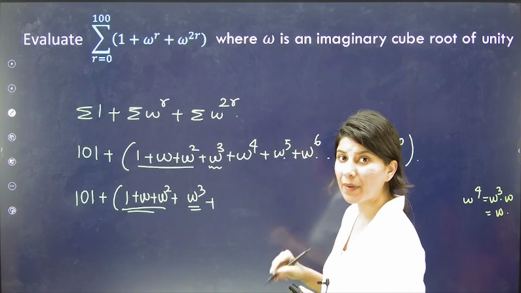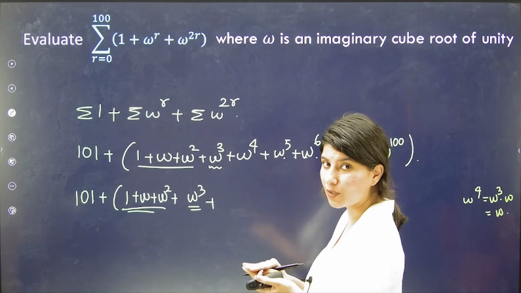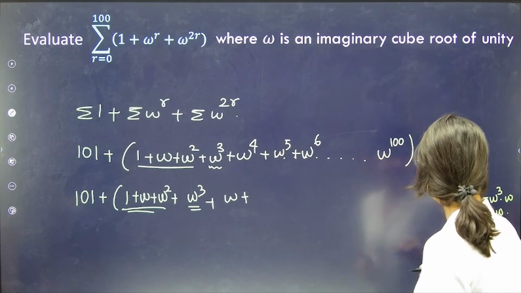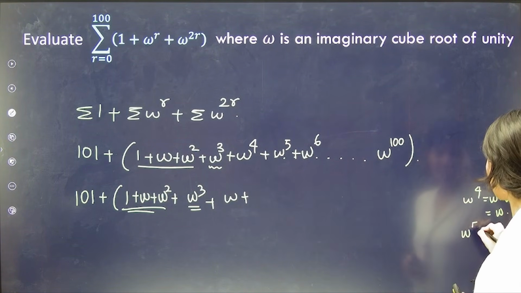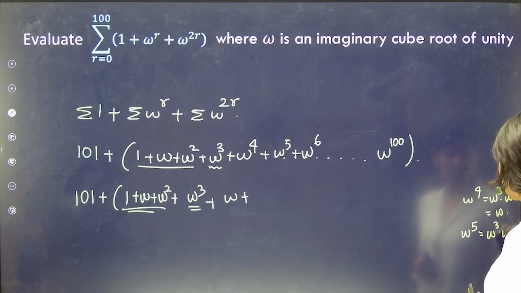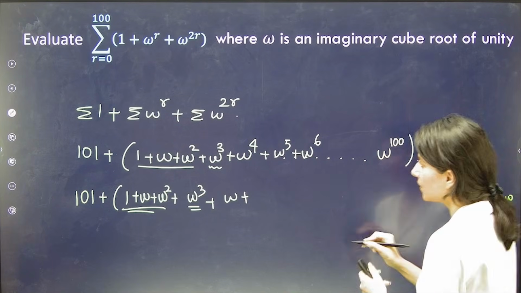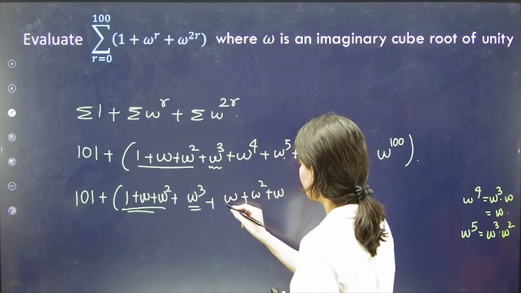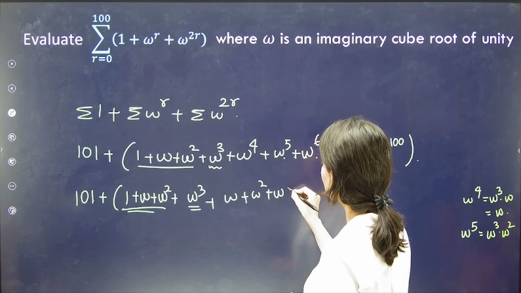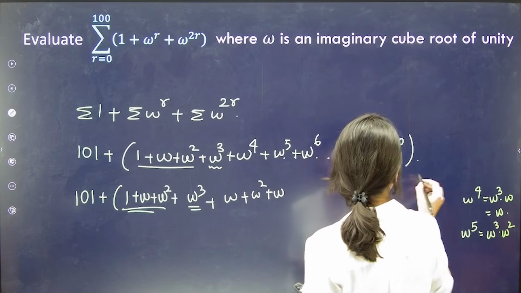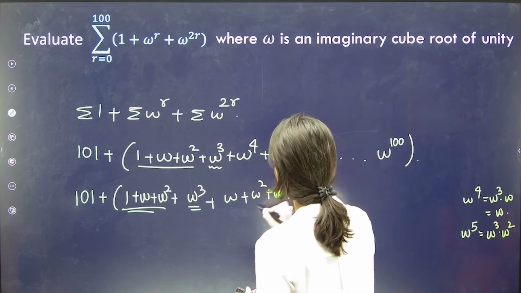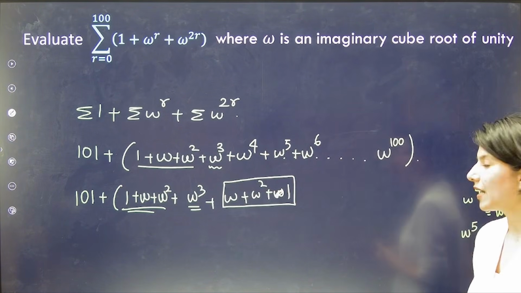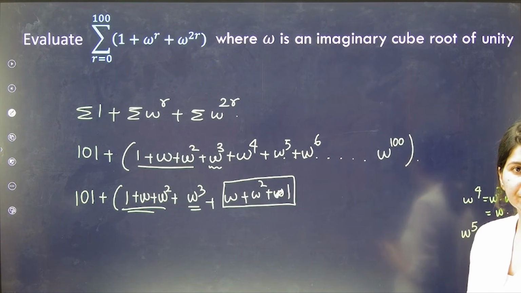Omega power 5 is omega cube times omega square, so omega square. Omega power 6 is omega cube, which is 1. So 1, omega, omega square.